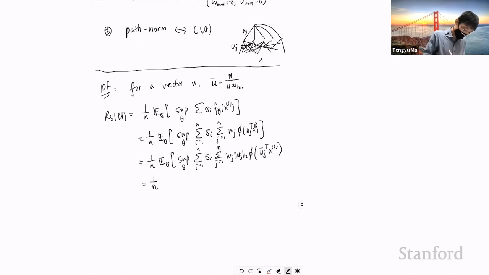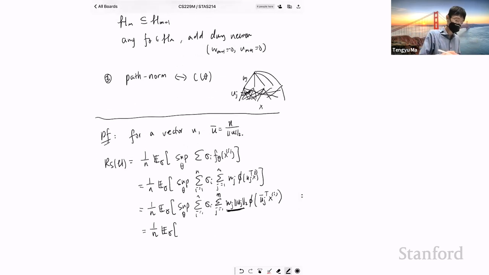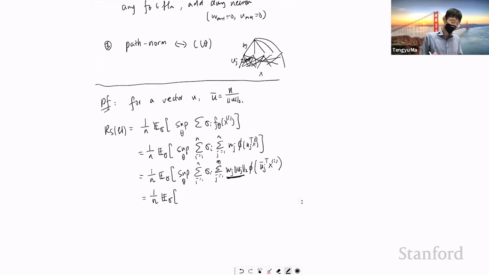Anyway, you rearrange this a little bit. In some sense, we treat this Wj times Uj 2-norm as our old Wj, and we want to remove that first. You can also see that this is something that shows up in the complexity measure. The complexity measure is really just the sum of Wj times Uj 2-norm, right?